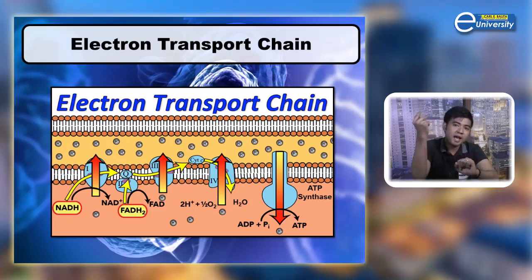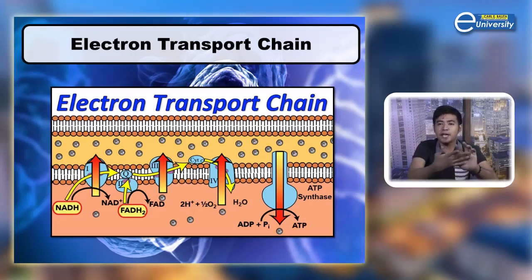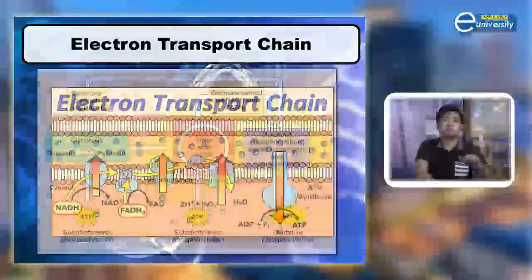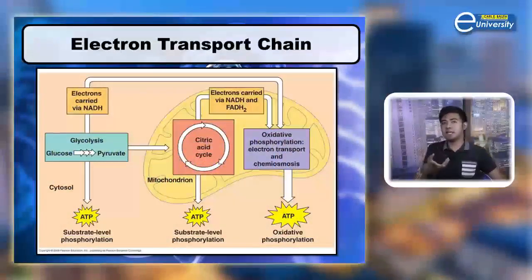Because when a hydrogen ion passes through the ATP synthase to maintain the gradient, it combines with the ADP molecule. The ADP molecule is a molecule which is already present in the membrane. So the high energy electron combines with the ADP molecule, producing the ATP, or adenosine triphosphate, through the help of the ATP synthase.